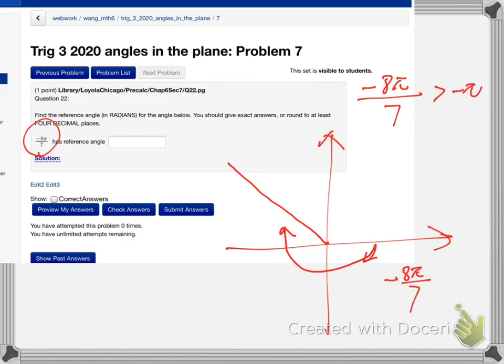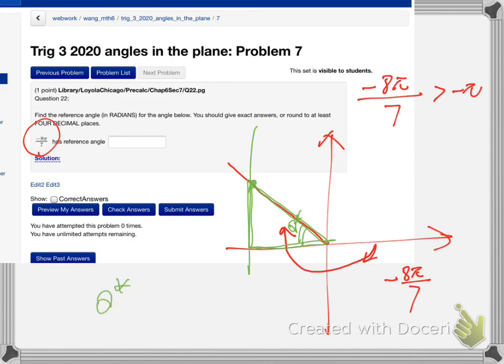The negative sign means rotate clockwise. Now from the terminal side, we draw a vertical line to make the reference right triangle, and this angle is theta star. How do we find theta star?